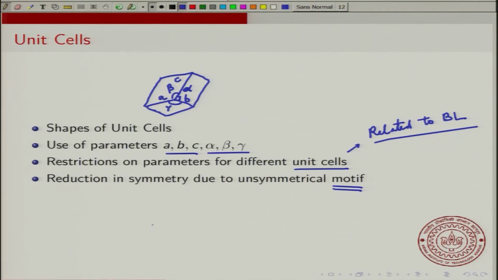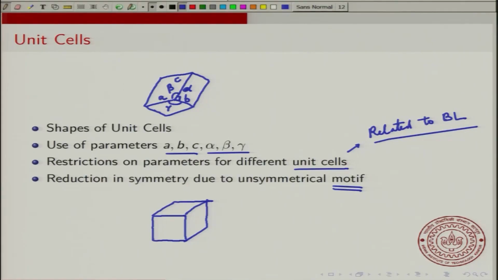For example, suppose you have a unit cell that is cubic, that is shaped like a cube. In other words, A equal to B equal to C, alpha equal to beta equal to gamma.